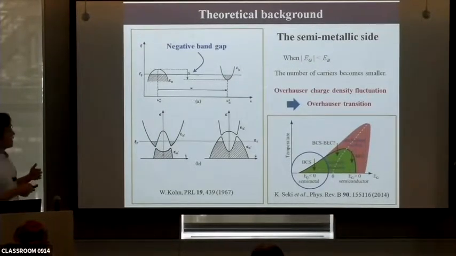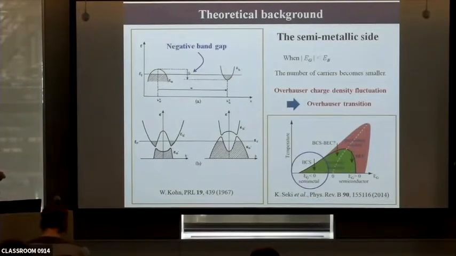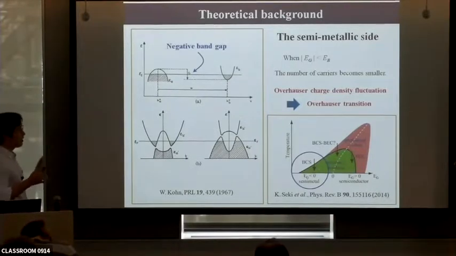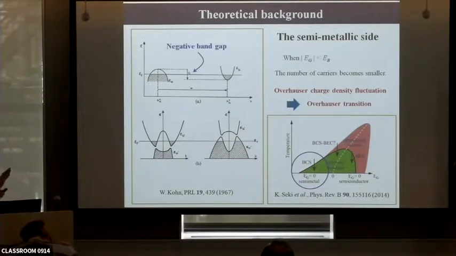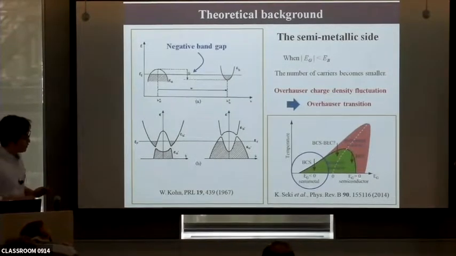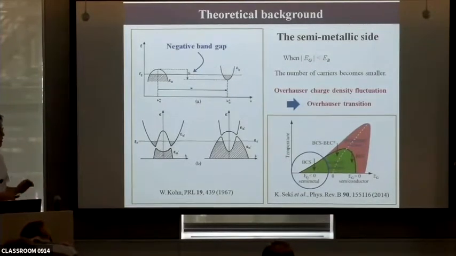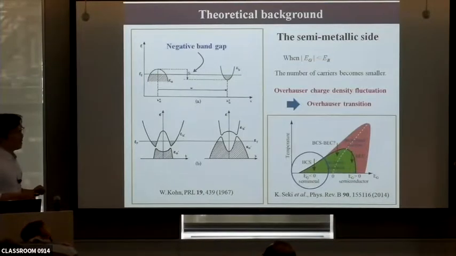In this case, the number of charge carriers becomes smaller, and charge density fluctuation happens, which triggers the excitonic transition. However, the excitonic condensation is somewhat different from the insulating side. On the insulating side, the exciton condensation follows Bose-Einstein condensation, but on the semi-metallic side, it follows BCS-type condensation.